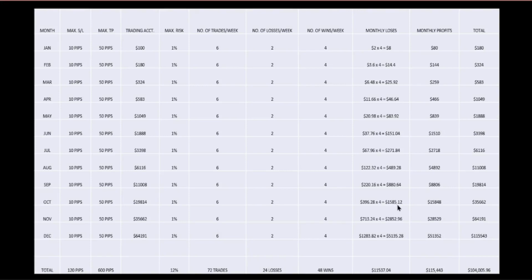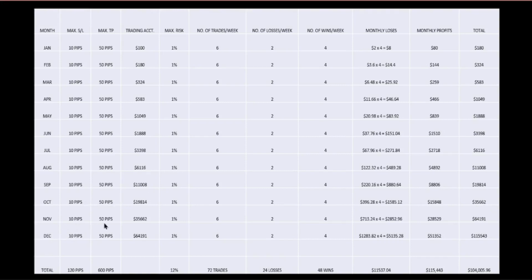Now, in that same month, we'll make a profit of $15,848. And if you add this to the already existing trading account, then we'll end up having $35,662. All right, that will be in the month of October.